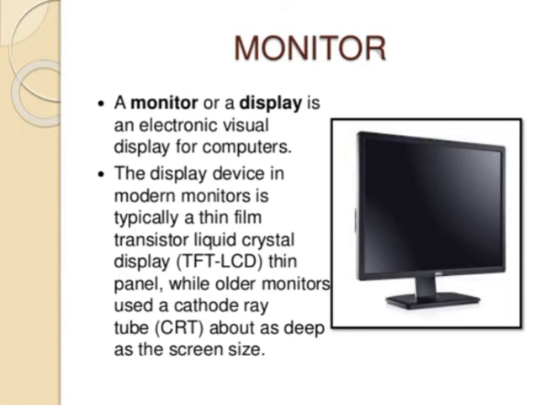So basically a monitor is a type of television which is used to see the output. Whatever instruction you give to the computer, it will be processed in the CPU and the result will be shown on the monitor. There are different types of monitors, LCD, LED, alright. So the purpose of all these monitors is to show the output.